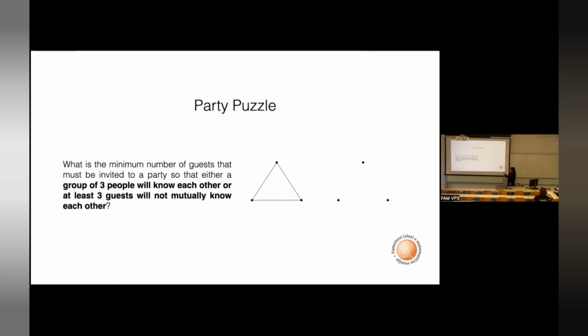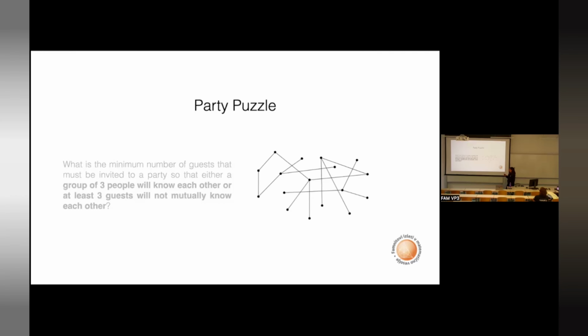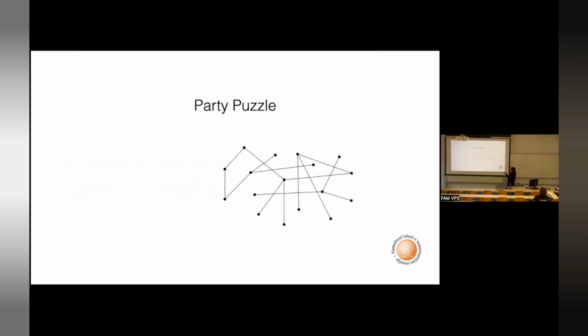Here, the three people know each other, and here, these three don't know each other. So we want to know if in this graph I can have either the triangle or the 3 points that don't have a line. Do we have this structure here?